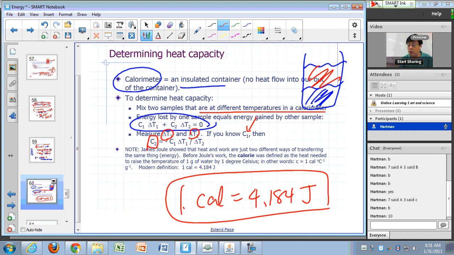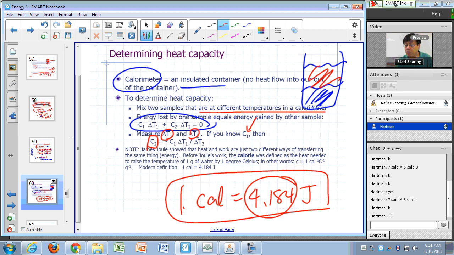That's why we have this odd looking number for water of 4.184, because originally it was defined to be 1 calorie, as a reference for heat capacities. So water has a heat capacity of 1 calorie per gram per degree, or 4.184 joules per gram per degree. So water is a good thing to compare other things with.